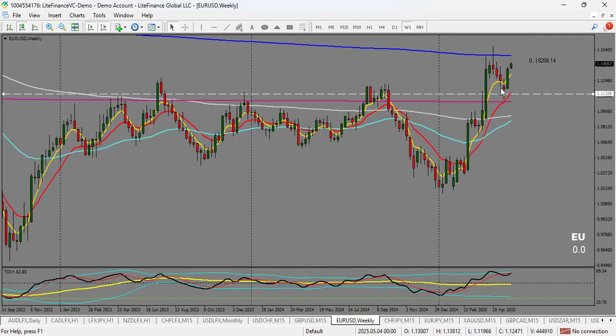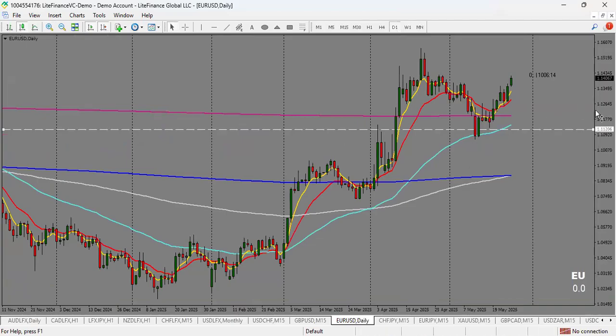And when you go to the weekly time frame, you can see price had this retracement. And from last week, we can see price is now continuing the trend. So you can see a continuation of the trend. And this is on the daily time frame. So price actually formed this area of support here, and we ought to go up.